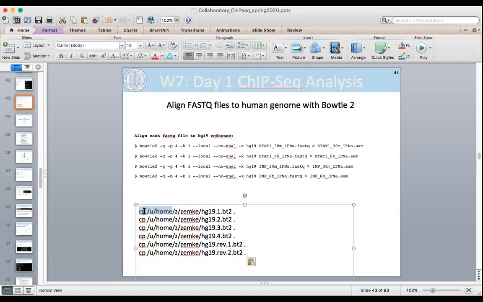These are the Bowtie 2 reference files we'll need. They're a little large, so each one will take about 5 seconds or so.